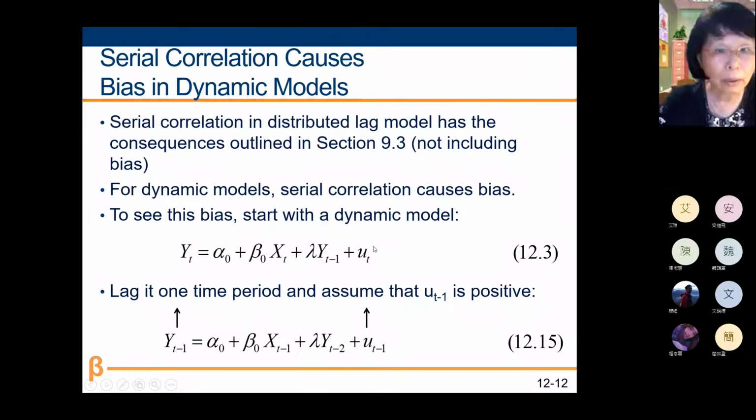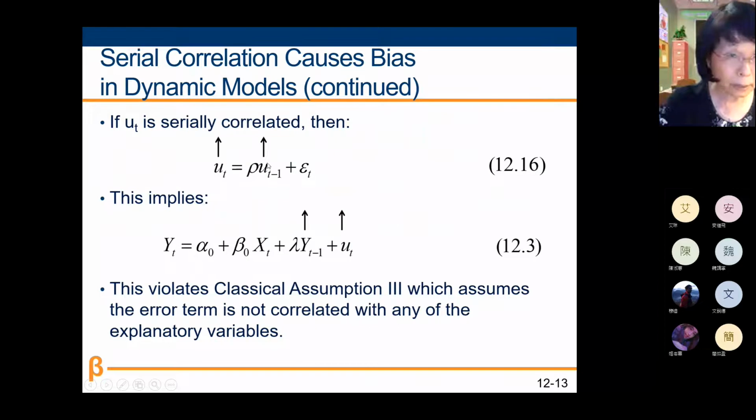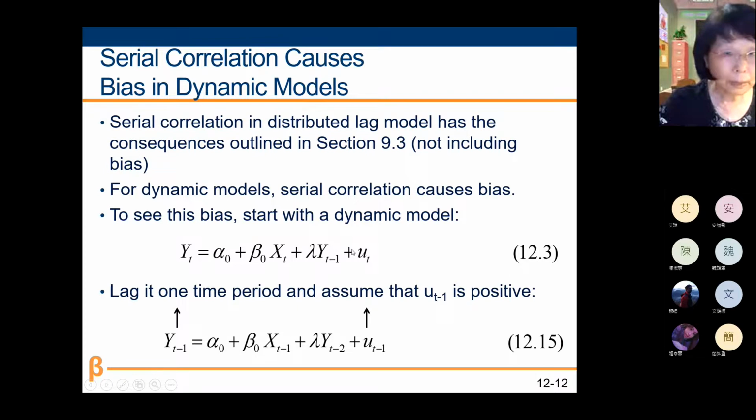UT here also includes UT minus 1. So if 12.3 has serial correlation, it's just like there's an omitted variable UT minus 1 in 12.3. This one is equal to this, therefore there's a UT minus 1 in here.